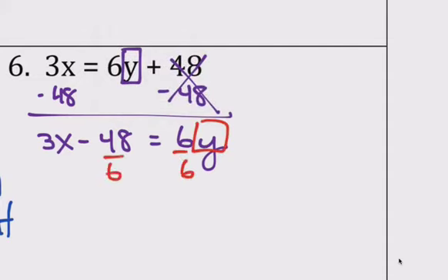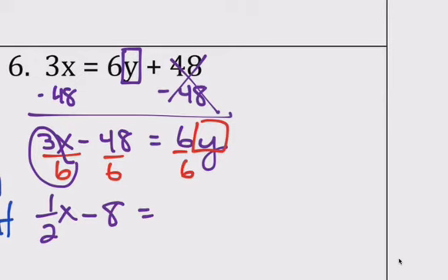We divide it all through by 6. Uh-oh. Wrong thing to do. That gives us this here reduced to a half x minus 8. 8 times 6. Yeah, minus 8 equals the y. So write it correctly, y equals 1/2 x minus 8.